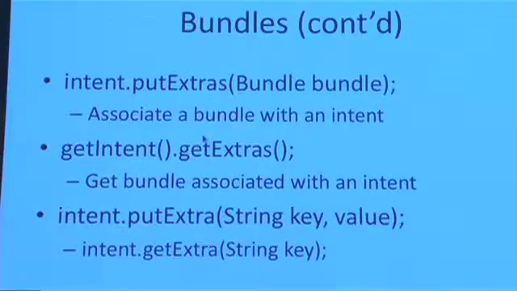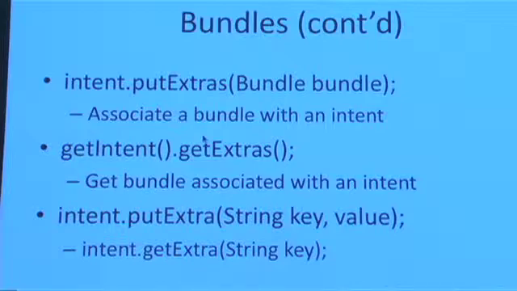Okay. So to actually use the bundles, you do intent.putExtras with your parameter being the actual bundle that you are putting inside. So that way you can associate a bundle with an intent.